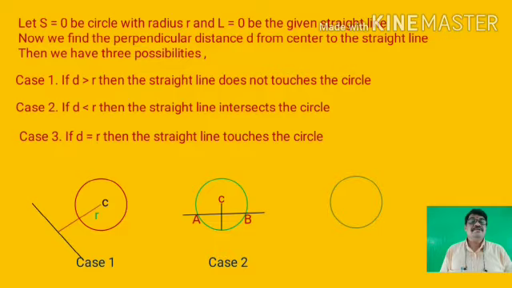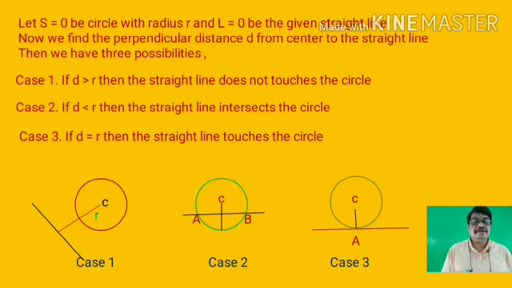This is the given circle. This is the center. And the line touches the circle here at the point E. This is the third case. So these are the three cases when given a straight line and circle.